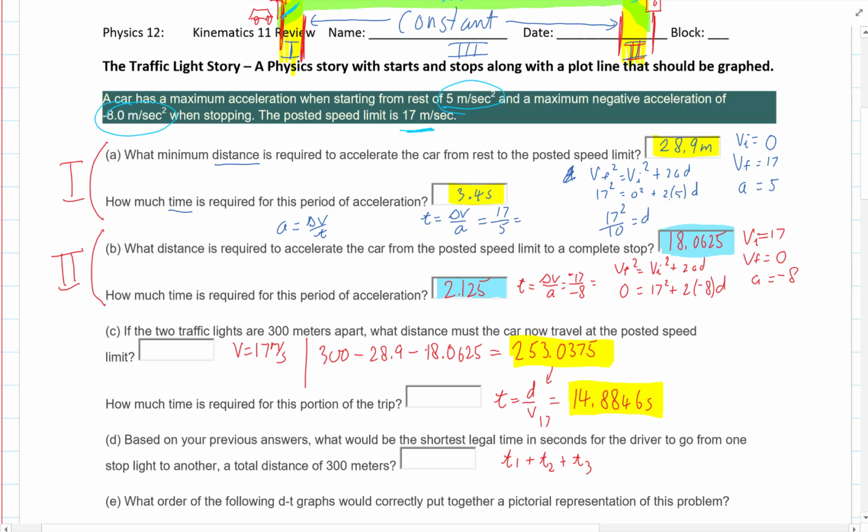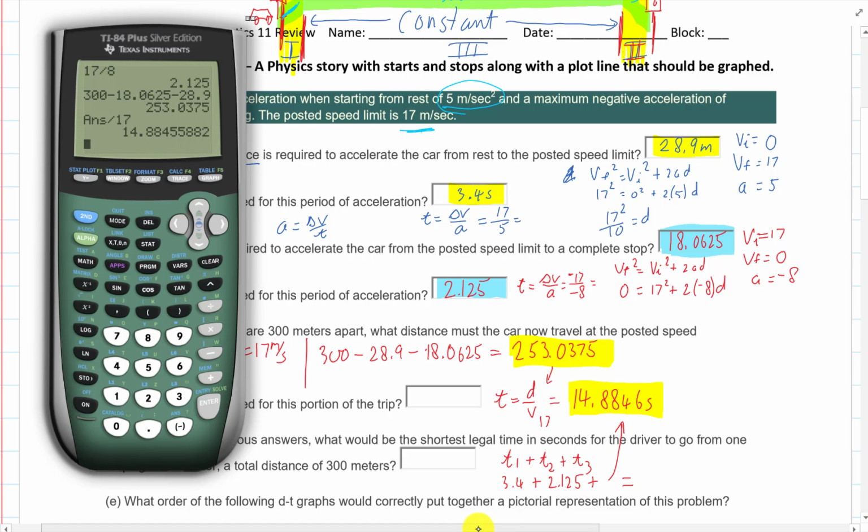Section 1 is 3.4, this is 2.125, and the third one, take that plus those other two numbers, 3.4 plus 2.125, and that's 20.41. We'll just bring it down to 4 sig figs. 20.41 seconds.